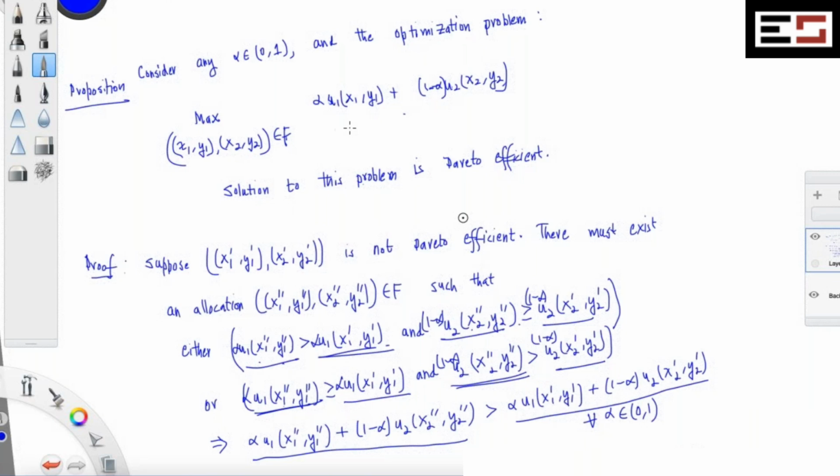So if you can find such alphas, then obviously it's a proof that the allocation is Pareto efficient, right? Okay, so that is one very nice thing about this.